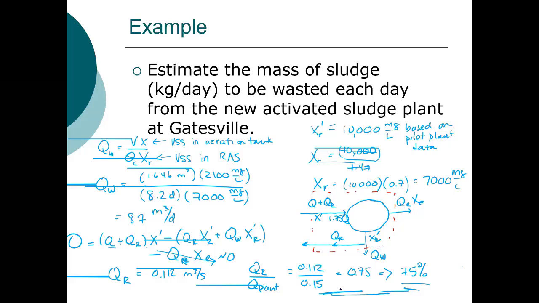So the mass to be wasted, we need to look at the sludge production. This is equal to the increase in MLSS. We use MLSS, not MLVSS, because when we're designing the subsequent reactors to treat that sludge, we need to take into account the entire mass.